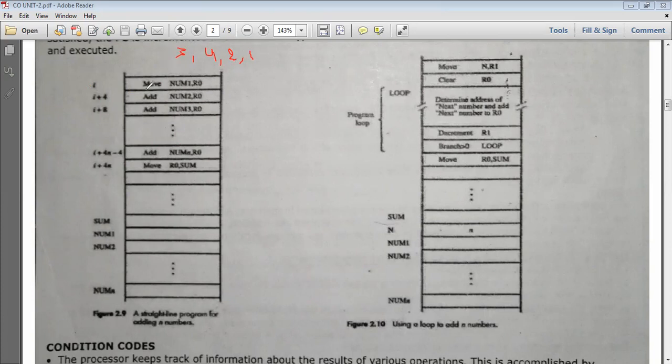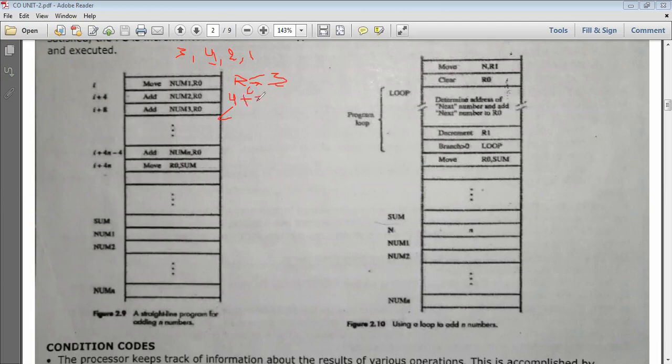Here, move num1 comma R0. What is num1? 3. So in R0, num1 is stored, so R0 equals 3, the first number. Add num2 comma R0. What is num2? 4. Num2 is 4 and the data in R0 is 3.